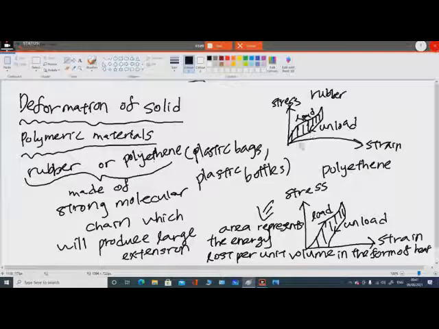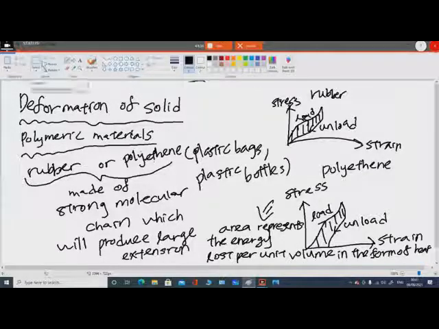So there is a heat loss, or energy loss per unit volume in the form of heat, after we unload the rubber or polyethylene. There is a heat dissipation. Okay, so we have done polymeric materials.